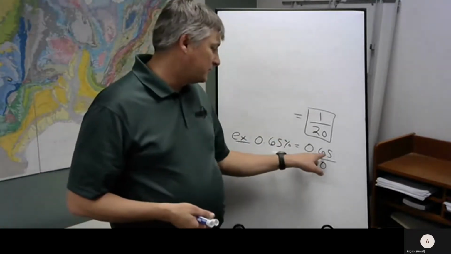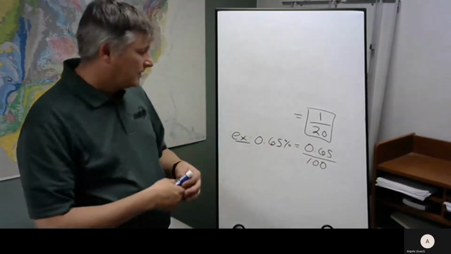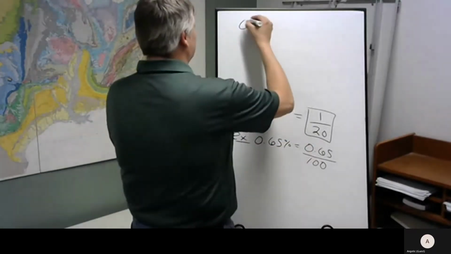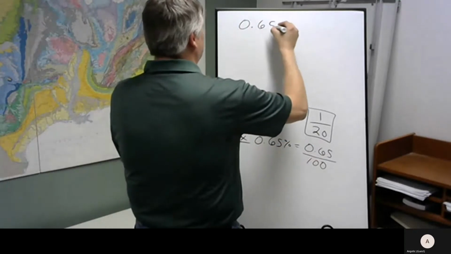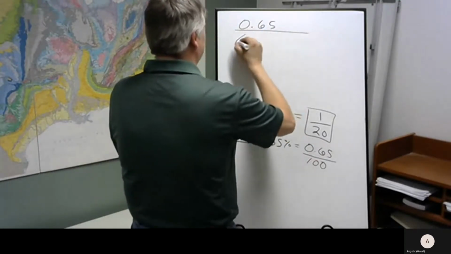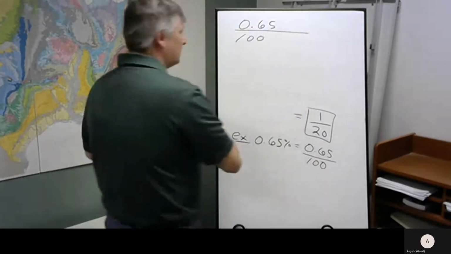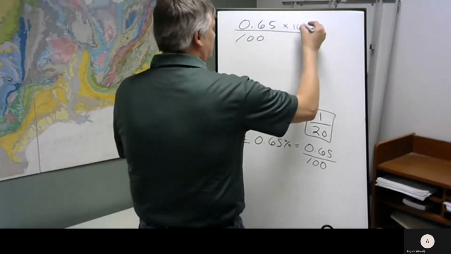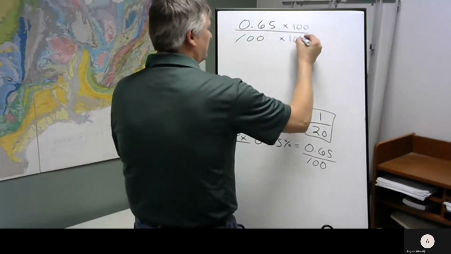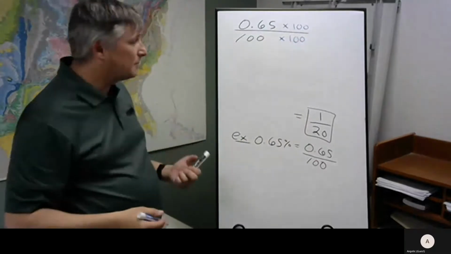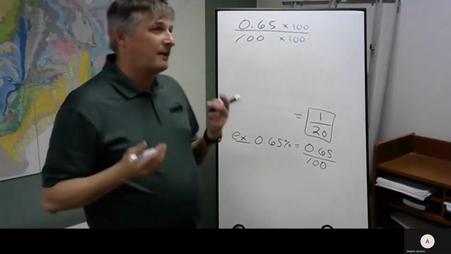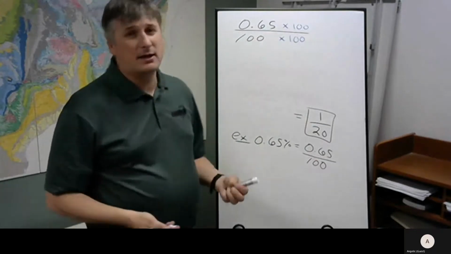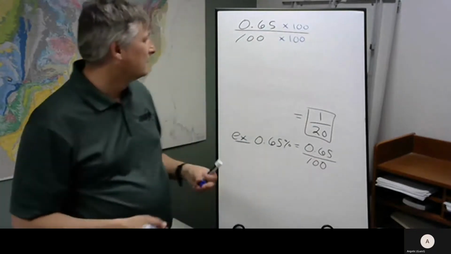So we want to move the decimal 2 spots to the right. So the way we can do that, we can multiply by 100, top and bottom. When it comes to working with fractions, we have to divide top and bottom by the same number, or multiply top and bottom by the same number.